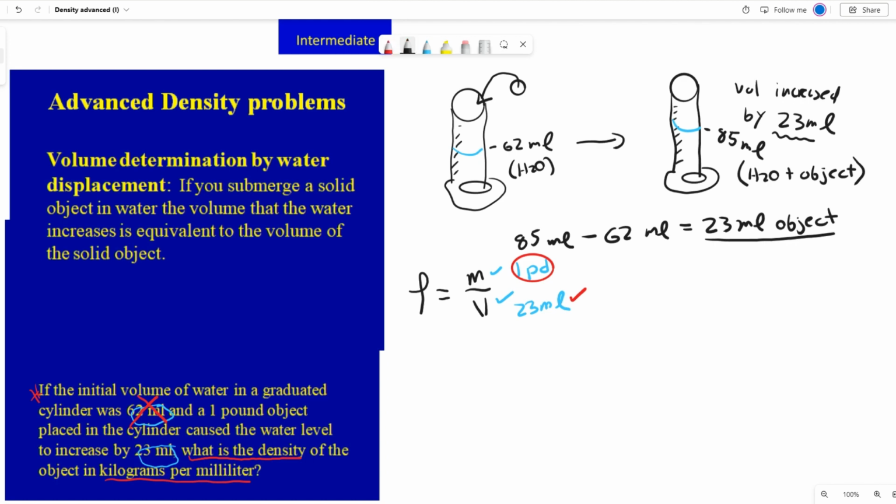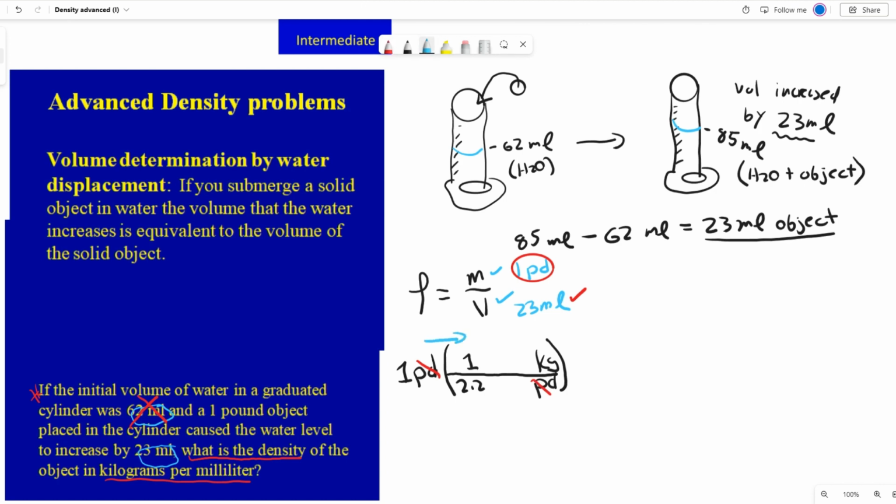So we'll take the 1 pound, and we'll set up our conversion factor. Put pounds on the bottom and kilograms on the top. If you remember, it's 2.2 pounds for every 1 kilogram. Pounds and pounds are set up to cancel out.